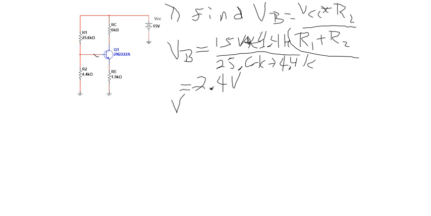VBE equals 7/10 of a volt. And we can also get from that VE, which is VB minus VBE.